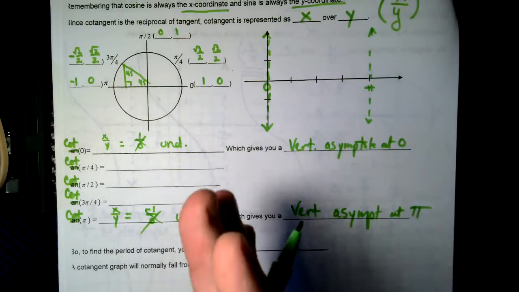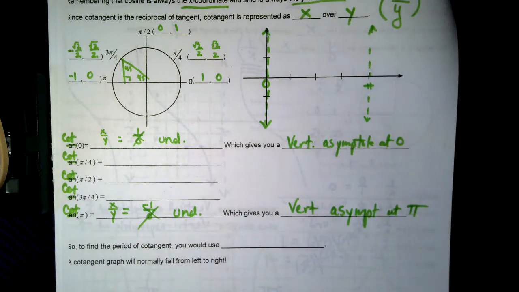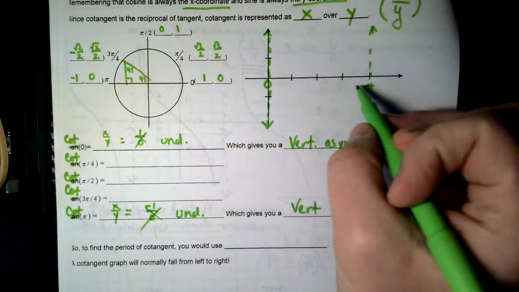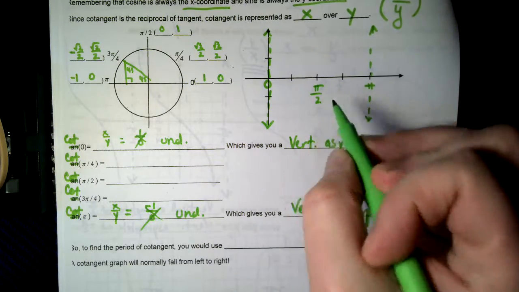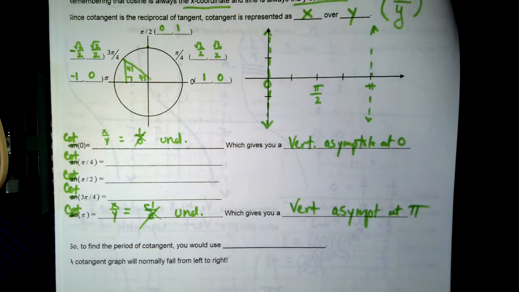These are going to go from 0 to pi, where tangents go from negative pi over 2 to positive pi over 2. So 0 is sort of like the middle of the tangent graph. The middle of the cotangent graph is going to be halfway in between. It's actually pi over 2, just like up here, halfway in between, pi over 2.